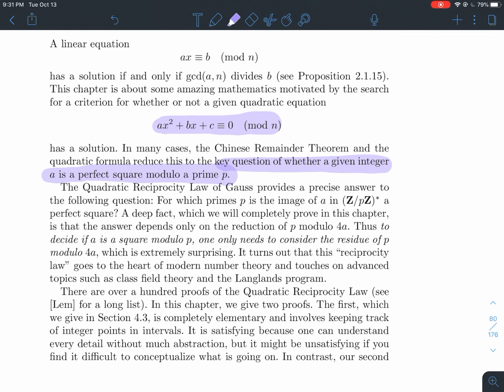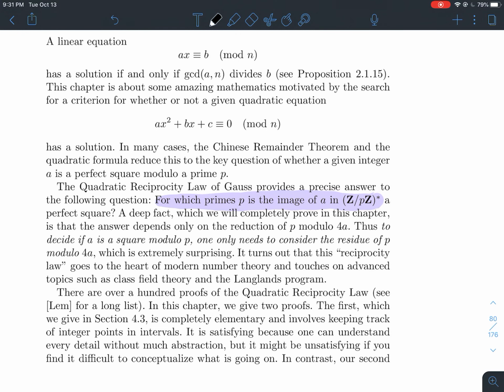The big key in this section, aptly named, is the quadratic reciprocity law that Gauss proved back in the 1800s. And here's what Gauss's quadratic reciprocity law says. The main thing it asks is, for what primes p is the image of a in (Z/pZ)* a perfect square? Just to remind you, this is the multiplicative group of units mod p.